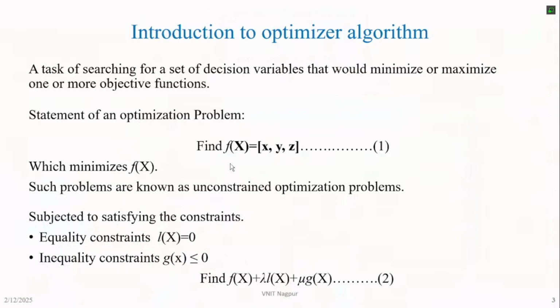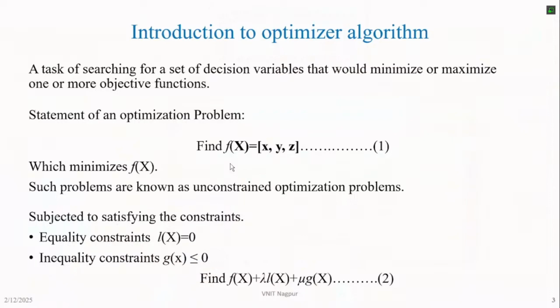Balancing of active power: whatever the generation is, it is supposed to satisfy your demand along with its loss. So we have to satisfy this equality constraint, and at the same time we are supposed to satisfy the inequality constraint also. Now inequality constraint again has two parts.